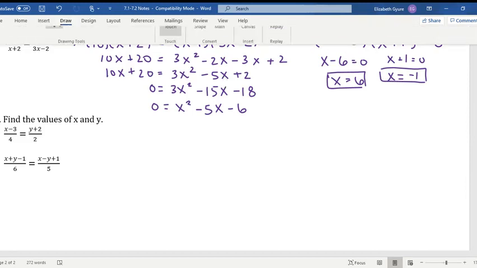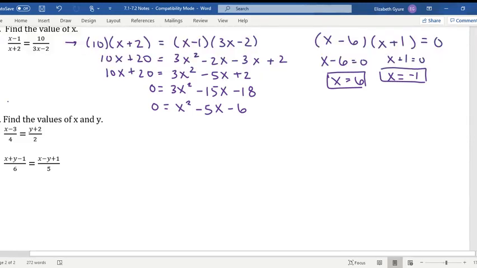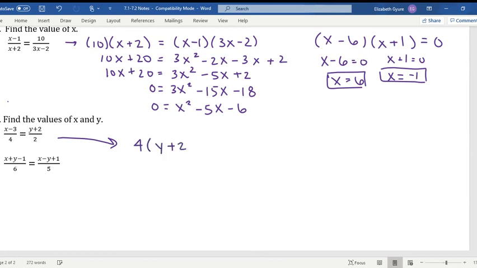So let's take a look at this top equation. I am going to cross multiply this. So again, make sure this one we're just have our numbers, so you won't have to FOIL or anything. But we're going to have 4 times y plus 2 equals 2 times x minus 3. All right, distribute.